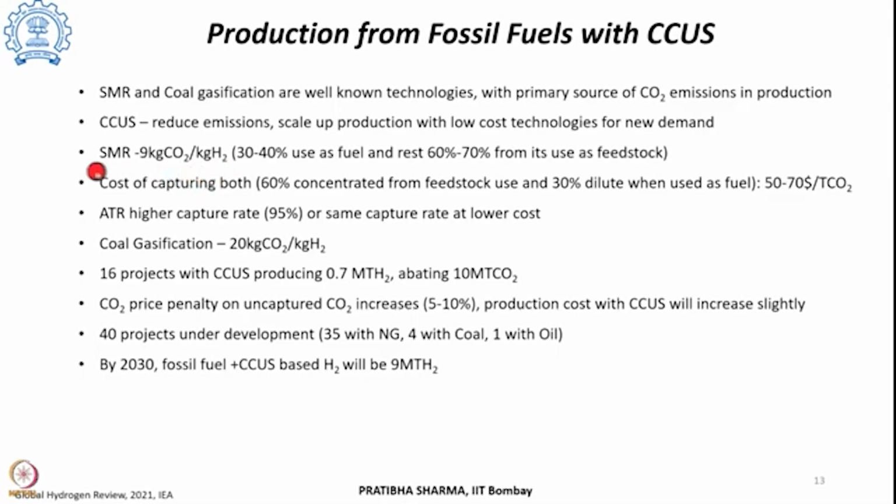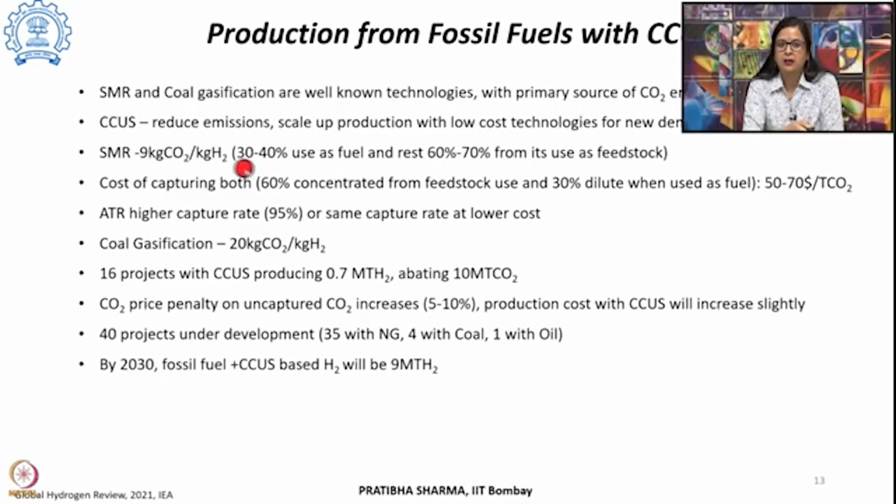We have seen in detail that the emissions take place at both ends: when it is used as fuel, burning in the burners and providing the reaction heat, and when it is used as feedstock. 30 to 40% of these emissions occur when it is used as fuel.